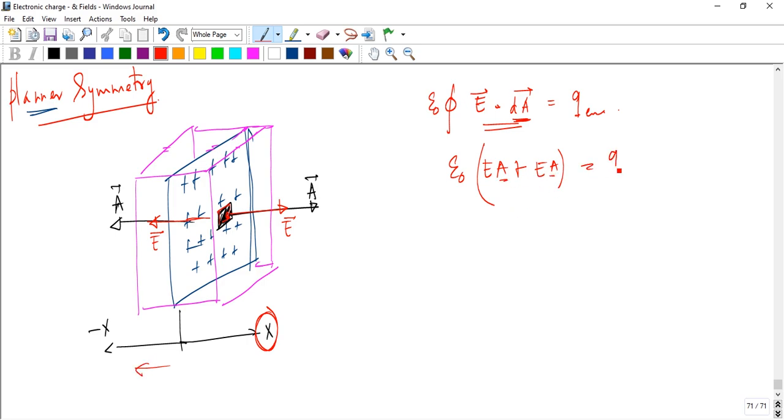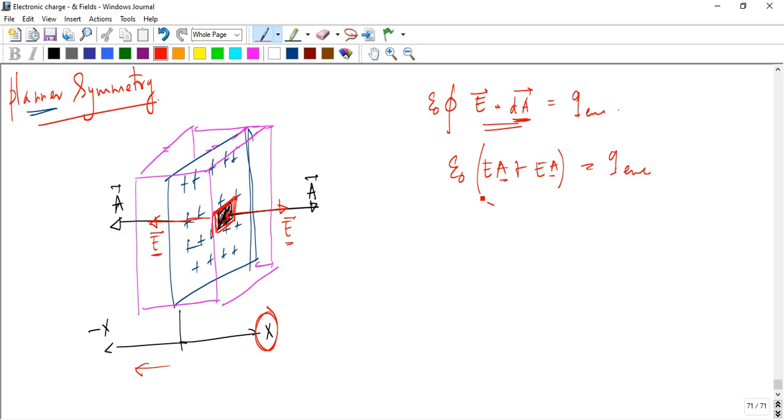Now the charge enclosed: because it is a very thin sheet, the thickness is very small, so the field goes in both outward directions. So we calculate these two electric fields, front and back. Their magnitudes are obviously the same, but they are in opposite directions.